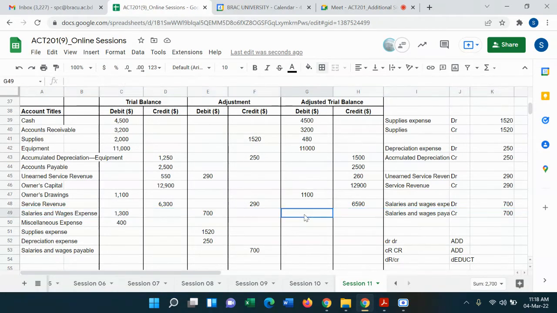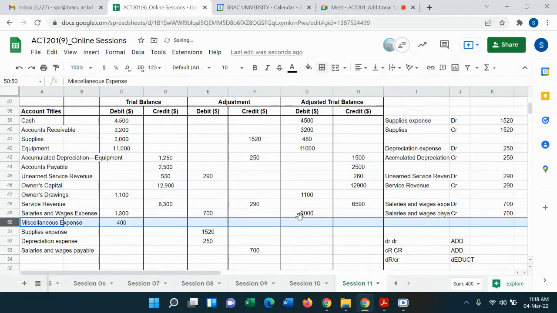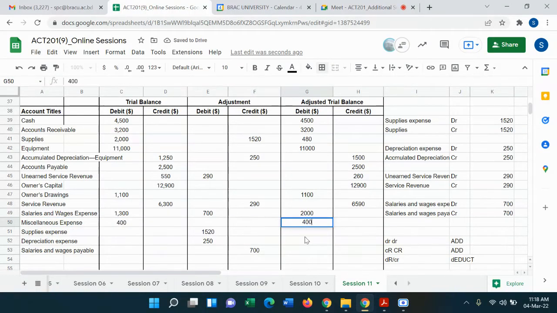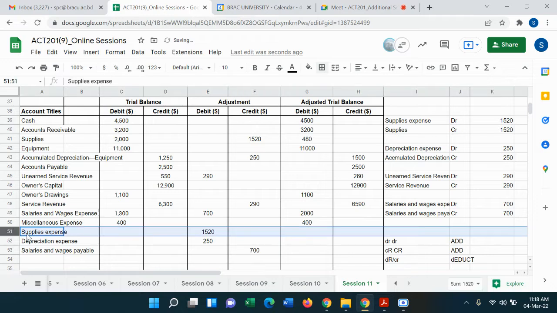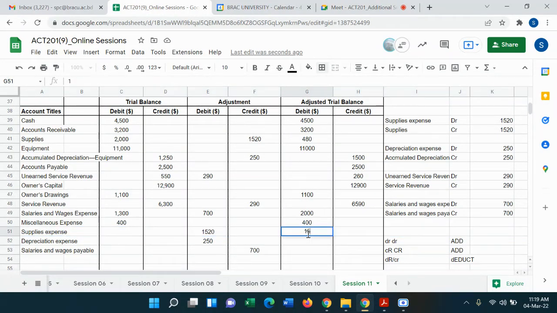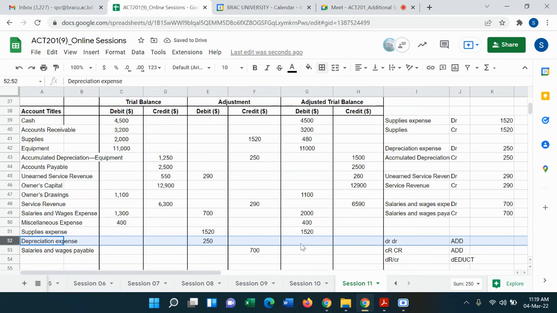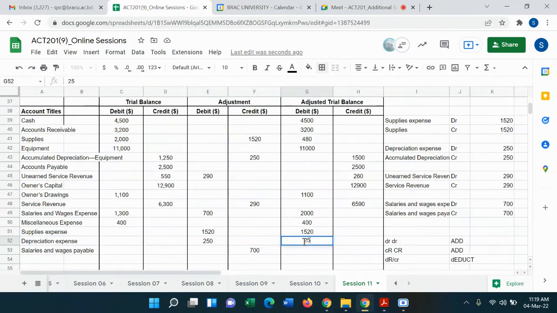Salaries and wages 2000 debit. Miscellaneous expense 400 debit. Supplies expense, it was the adjusted amount, so it was debited: 1520 debit. Depreciation expense 250 was debited in the adjustment, so directly 250 will be debited.